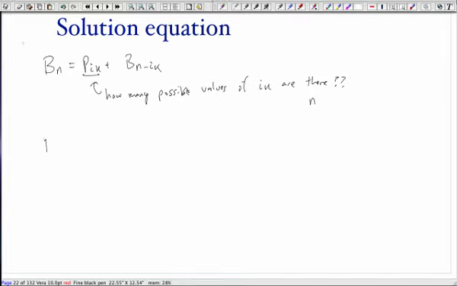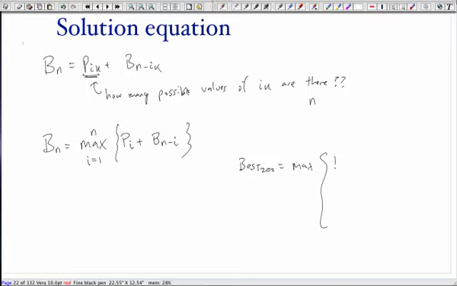So this suggests that the best way of dealing with n is to try every single possible cut. The best way of splitting that n-inch log, in other words the best way to cut a 200-inch log, is basically to consider making a 1-inch cut and then cutting a 199-inch log, and so on, to consider these n options.